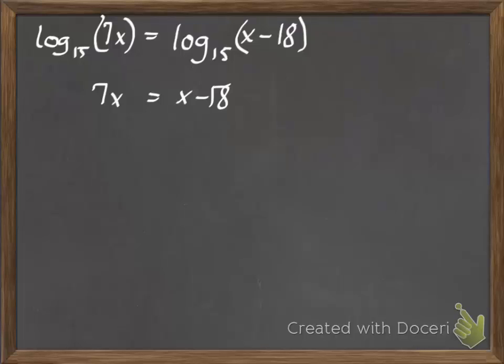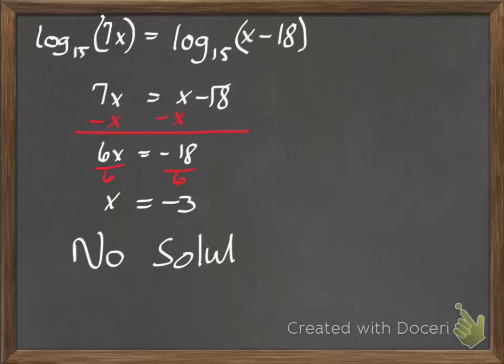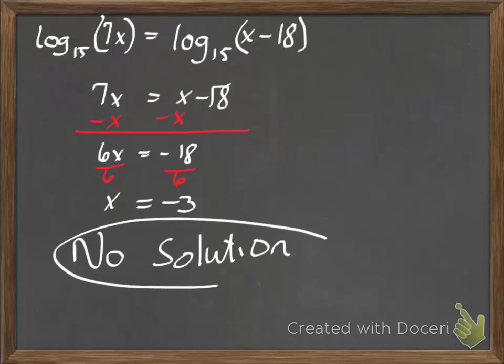What do we do next? Move the x guy over, leaving us 6x is equal to negative 18. What do I do next? Divide by 6. If I plug negative 3 in for x, it will give me a problem. Actually, both of them will end up being negative. So, no solution is your answer.